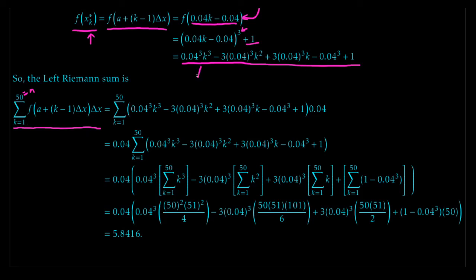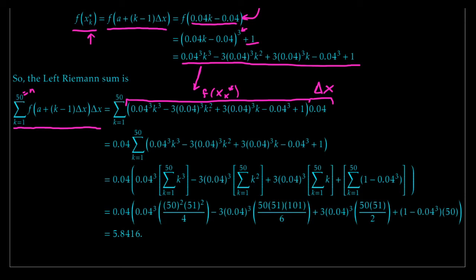Just plugging in what we got here in this first part, this big guy right there, this is just f of xk star. Cool. And then right at the end, I've got my delta x. All right, so I just replaced the f of xk stars with what they actually turn out to be. I plugged in my delta x, and we're good to go. We can go to the next line.